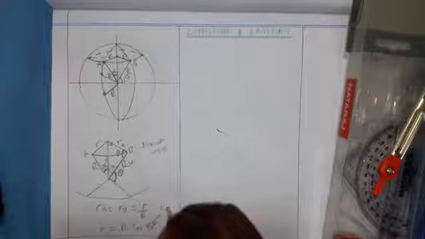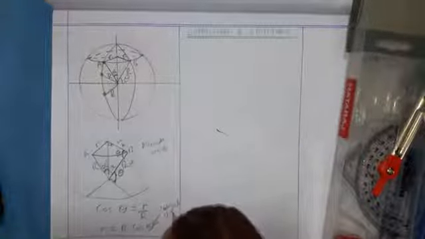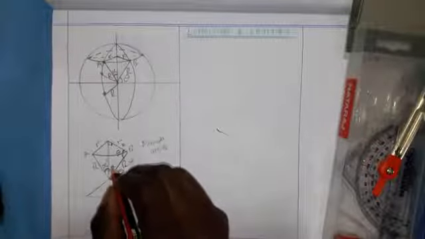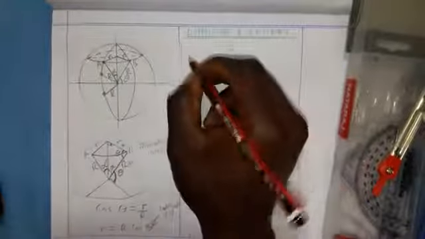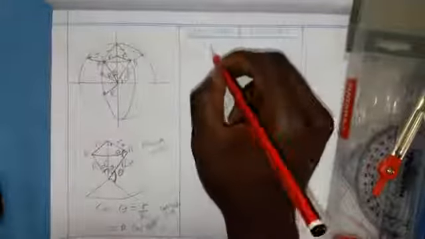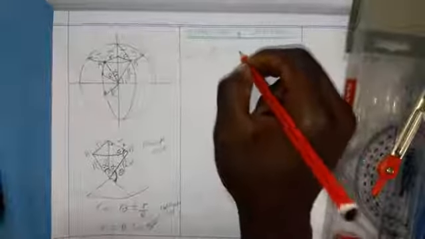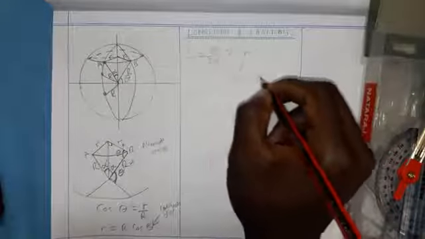Theta is simply the latitude difference. So this was just to explain how the relationship is. So basically we know that to get the arc length is simply theta over 360 times 2 pi r. But in this case it's a small circle, r. But what is r? R cosine of theta.